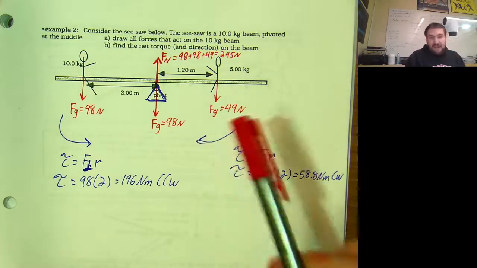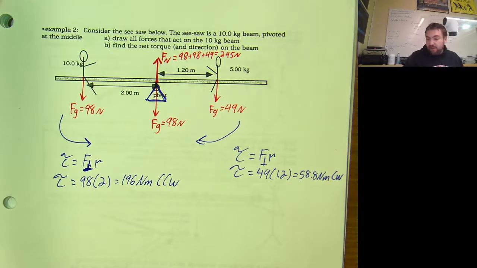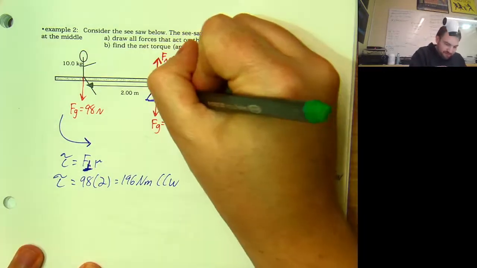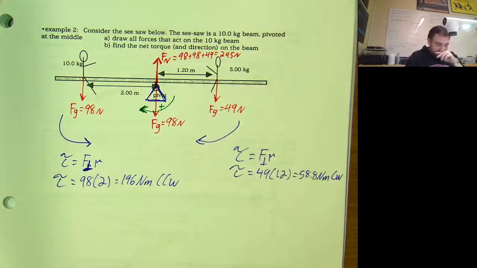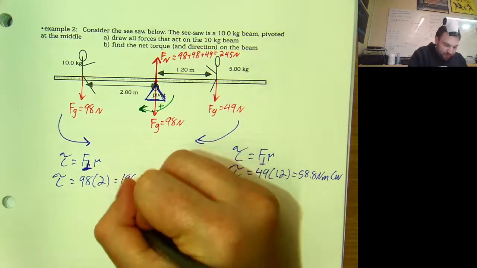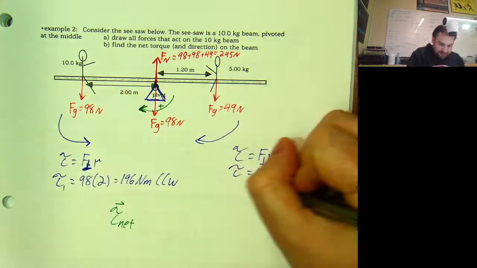We have to say now not just which way left and right or up and down is positive. We have to talk about which way rotationally we want to be positive and negative. Typically, clockwise is positive. So when I want to find the net torque, let's call that torque 1, let's call that torque 2.